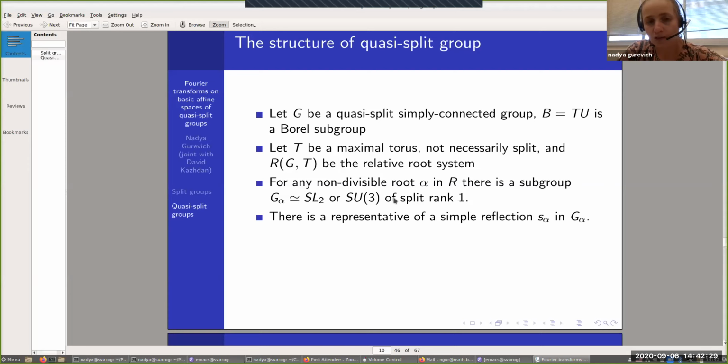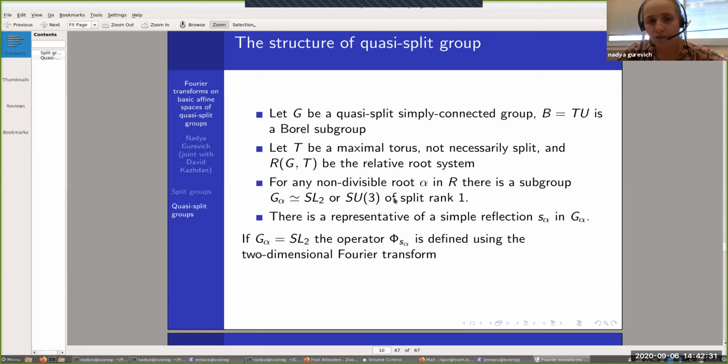Before we said that if our group of rank 1 is just SL2, then the operator corresponding to this simple reflection is defined using the 2-dimensional Fourier transform. And it will be just the same in the quasi-split group.